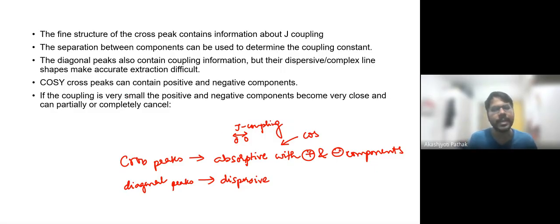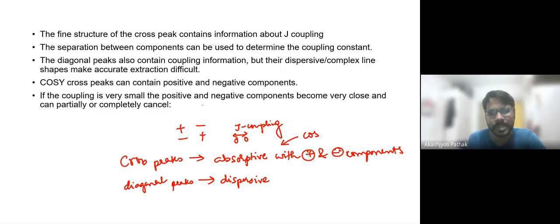If the coupling is very small, what happens? One of the disadvantages is that if the resolution is not very good, then these plus minus, minus plus components, if not well resolved, can come together and lead to cancellation of the peaks, and as a result the information will be lost.